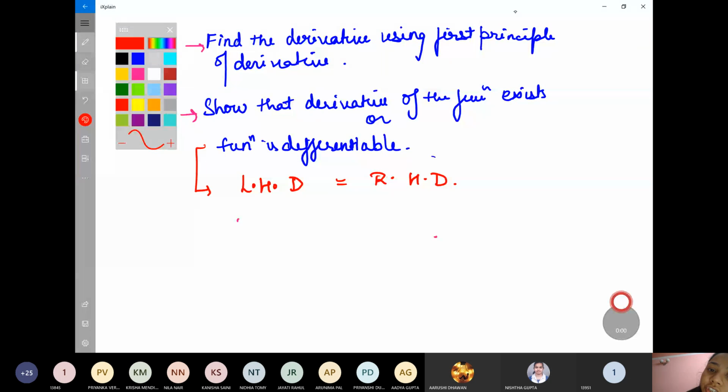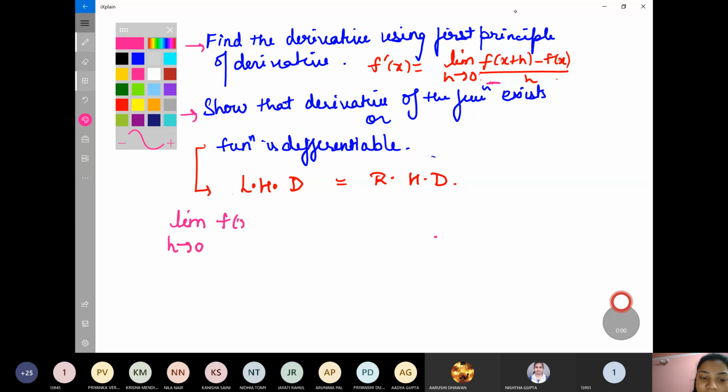क्योंकि लिमिट की डेफिनेशन क्या है यहाँ पर, इसकी डेफिनेशन है limit h tends to 0 f of x plus h minus f(x) upon h. तो इधर से ही तो यही लिमिट एग्जिस्ट करनी चाहिए ना. तो इधर से ही मैं देख लूंगी what is the left hand derivative और इसी से निकालूंगी right hand derivative. तो left hand derivative using this will be limit h tends to 0 f of x minus h, क्योंकि अब h लेफ्ट हैंड साइड पर है नेगेटिव हो गया, minus f(x) upon minus h.